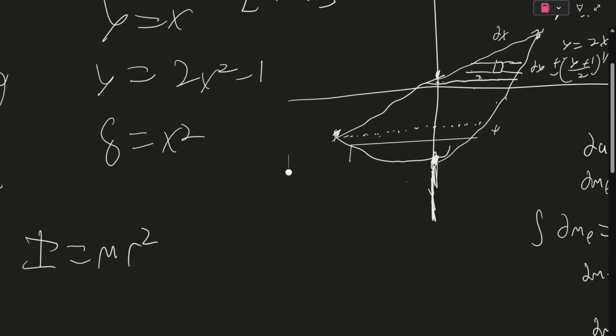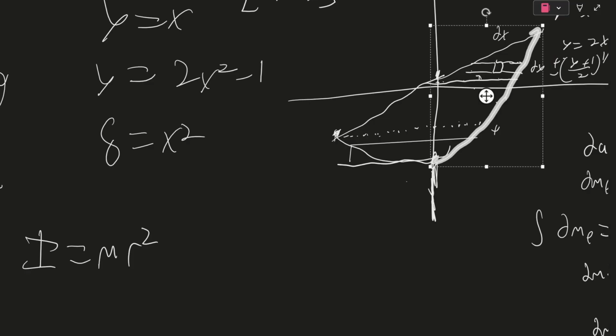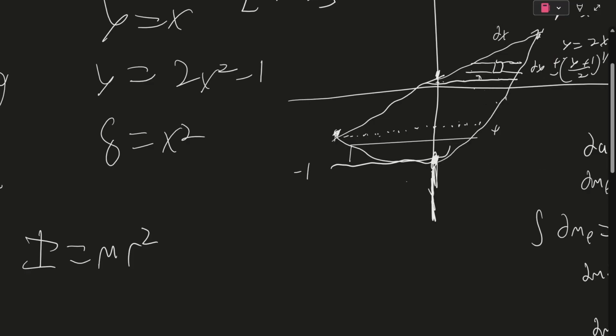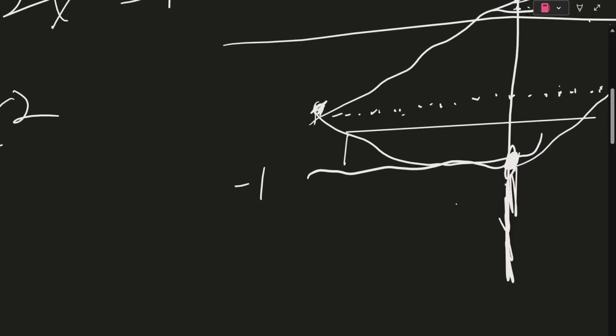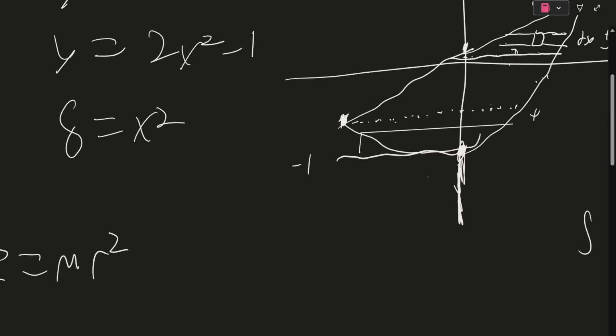So we know that our lowest y value is going to be right here, and it's going to be -1. We also know that our point of intersection between the two functions right here is going to be at -1.